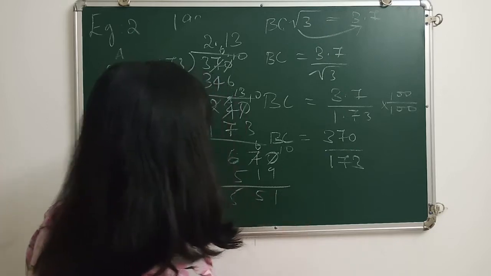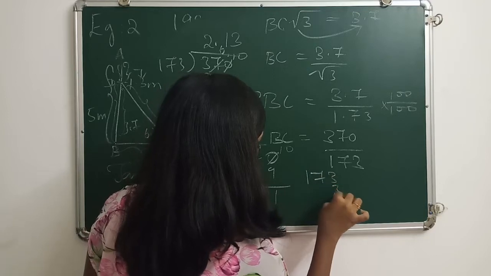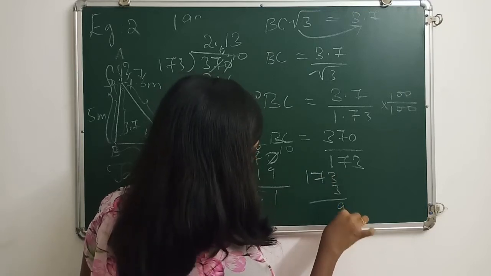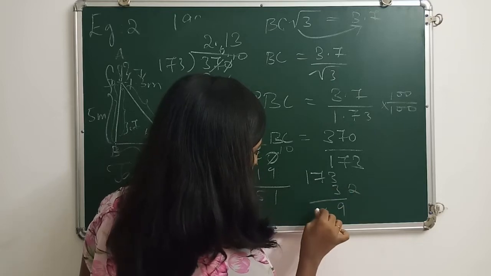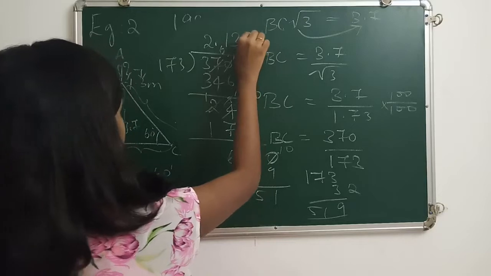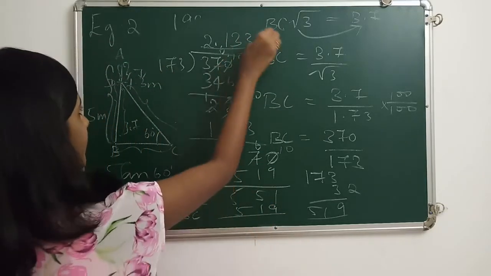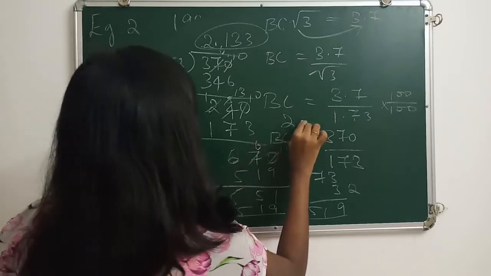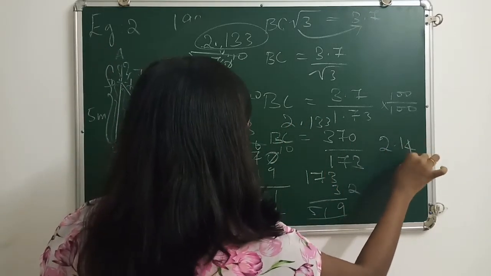So 5, 5, 1. And we can try with 173 into 3 again. It's 519. So we can use that. So here we can take this value. So 2.133 can be written as 2.14 meter.